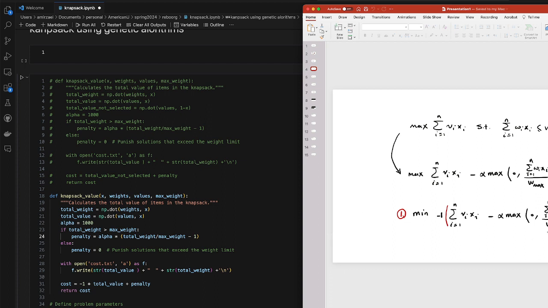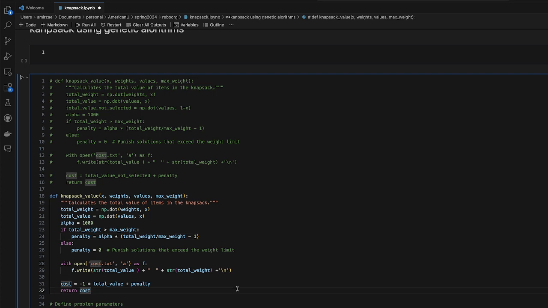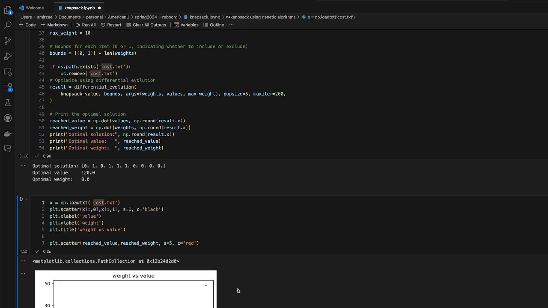The only part that is changing is that for the cost function, we have minus (alpha minus 1) times total value plus the penalty. That's the only part that is different. So if I run this, you see we reach the same number, 120, with the optimal weight 8.